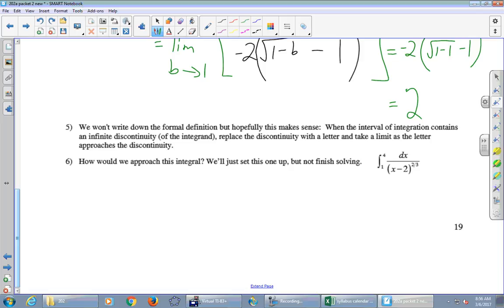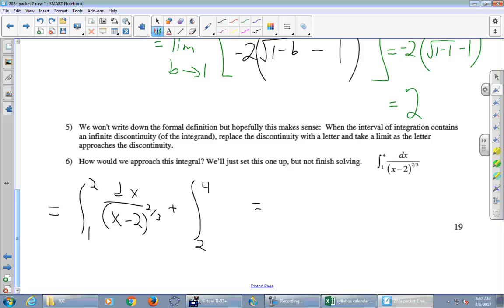Okay, but how would we set this one up? Well, that integral has the problem at x equals 2. What we need to do is split this into 2 integrals. Integral from 1 to 2 plus the integral from 2 to 4. I'm going to start getting lazy here and not rewrite that integrand.